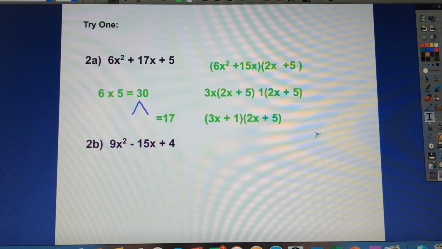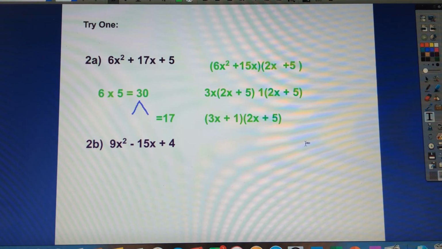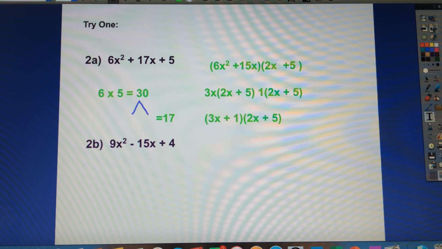And I have solved, and I now have my two binomials, and I have factored my quadratic trinomial by using Daniel's method. 2b, you see that b is negative here, so you need to do it with negative. I'm going to stop the film. You try b, and let me move on to my answers. Stop the film. Welcome back.